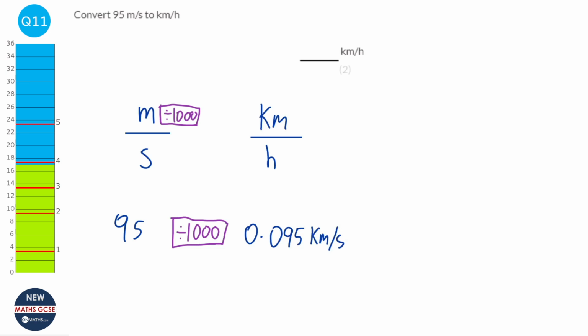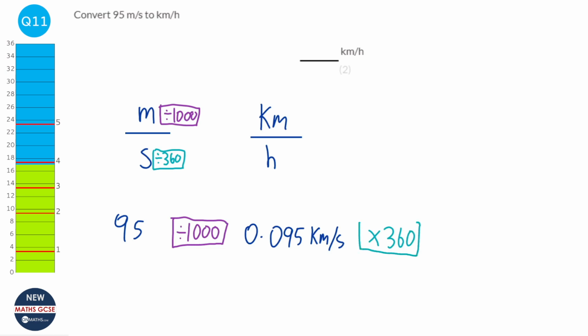So that's the easy part. The more difficult part is converting the seconds to hours. So to convert seconds to hours, we divide by 60 and then divide by 60. So we divide it by 3600. Seems simple enough. But the seconds are at the bottom of a fraction, and when you divide the bottom of a fraction by something, you actually times the whole fraction by that thing.